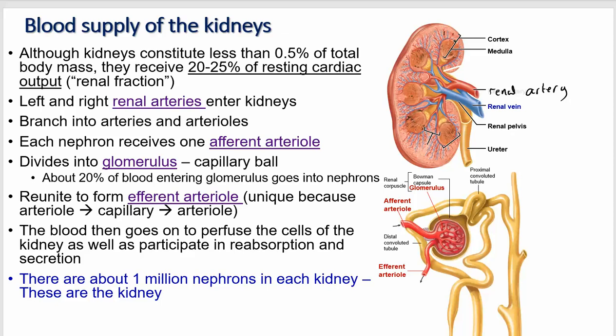And the arteriole is what will feed into something called a glomerulus, which is just this web or ball of capillaries. Okay, and so this is where filtration is going to take place. This is where blood gets squeezed, and the fluid parts will go into the nephron.